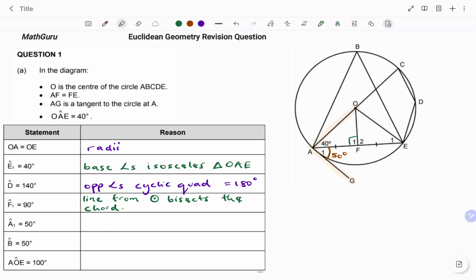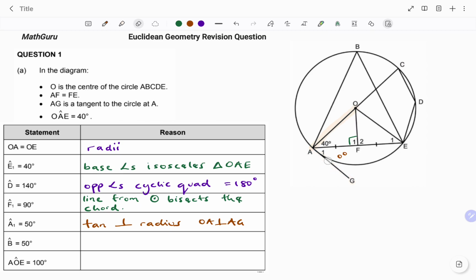So therefore, the total angle OAG will be 90 degrees, and we already have the 40 degrees. So 90 minus 40 will make A1 50 degrees. So the reason will be the tangent is perpendicular to the radius. That is, we have OA perpendicular to AG.